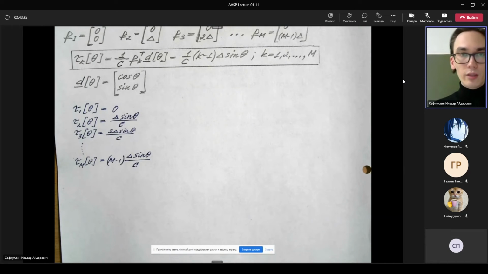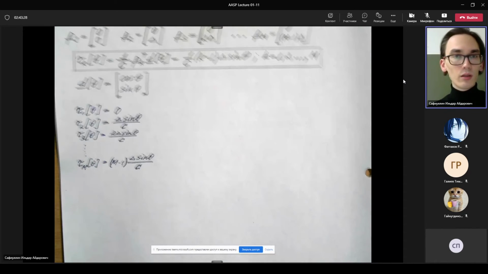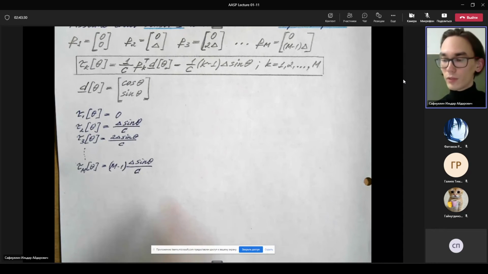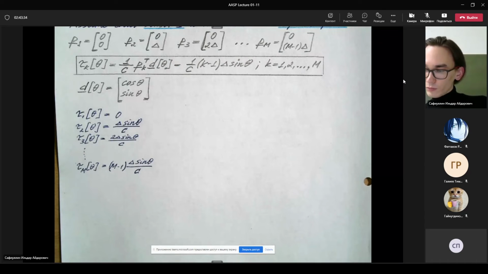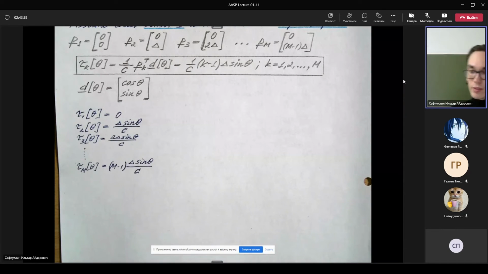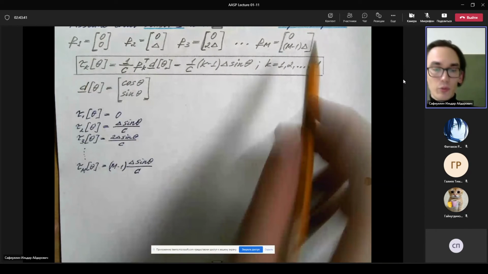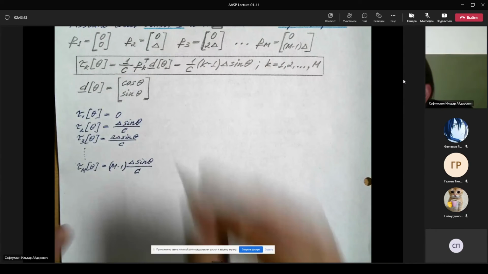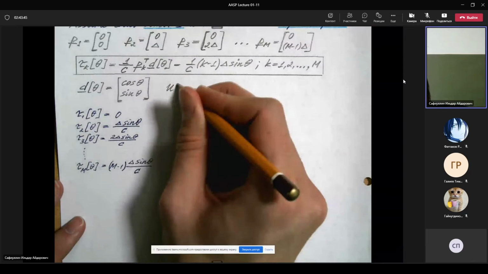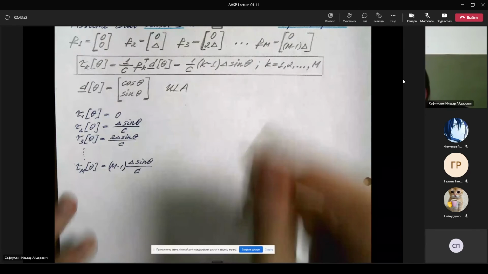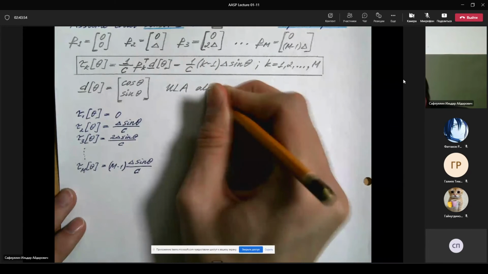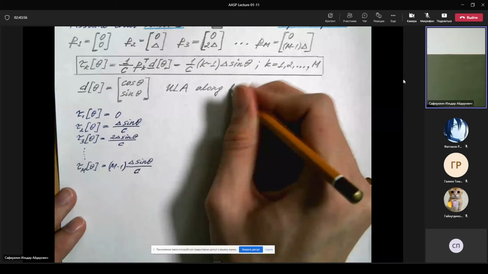And I think we can add one short notation here when we write down the location of the sensors in the following way. We mean that our uniform linear array is along the y-axis.